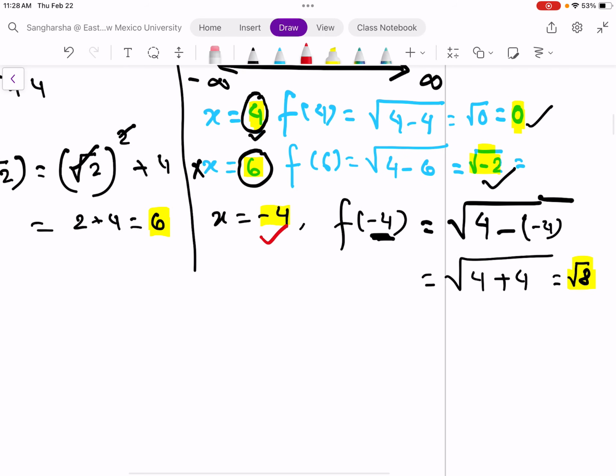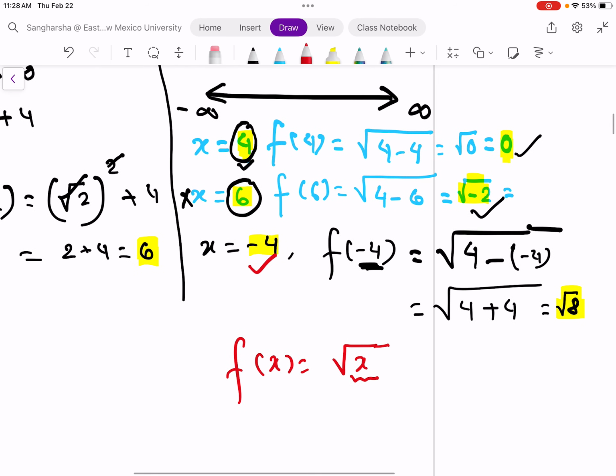If this function is defined, whatever number you have under this radical sign has to be 0 or greater than 0. Then only can we have a real solution.